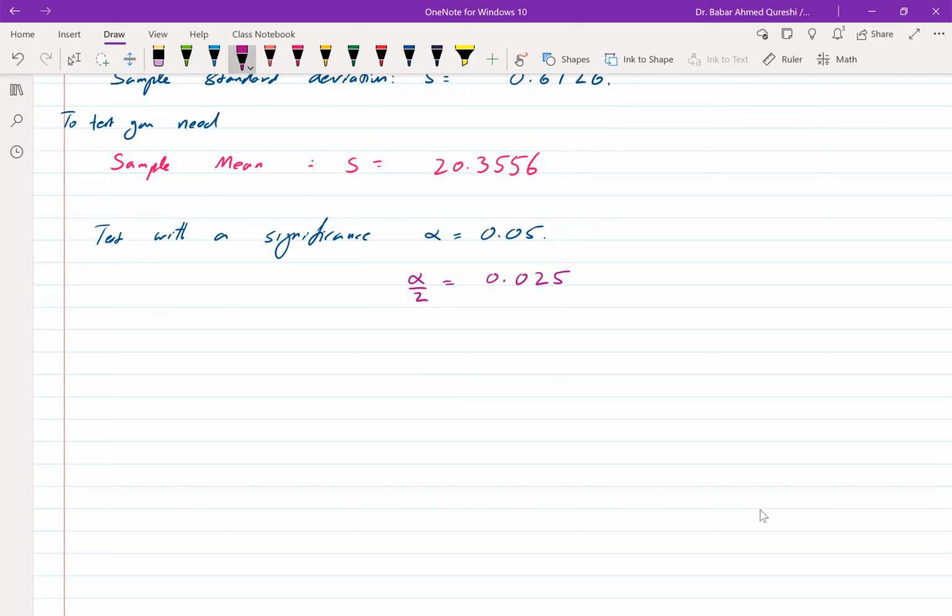And now I can compute this critical value. I have 9 data points, so n minus 1 is 8. This I need to compute. So what is this? This area being 0.025, this is the number I'm looking for.